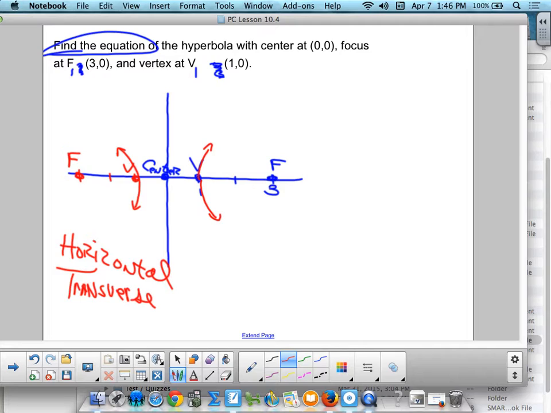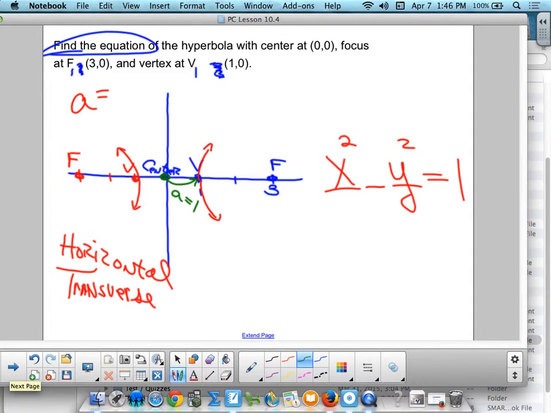So I know the equation is going to be x squared minus y squared equals 1. I got to get the a's and the b's. What's a? 1. Look, it's right here. Center to the vertex. A is 1.